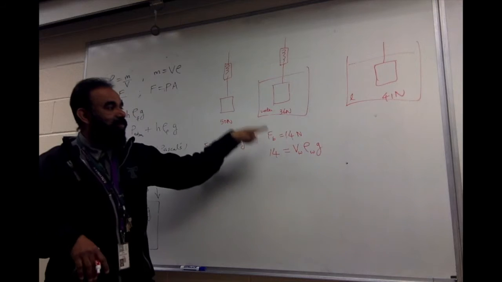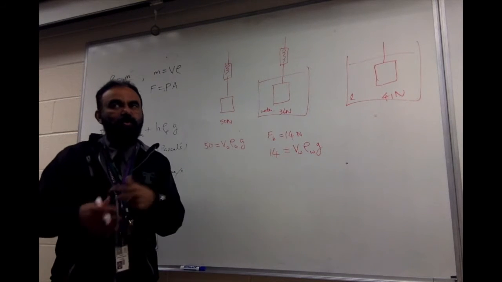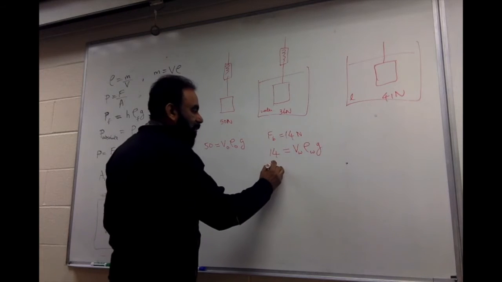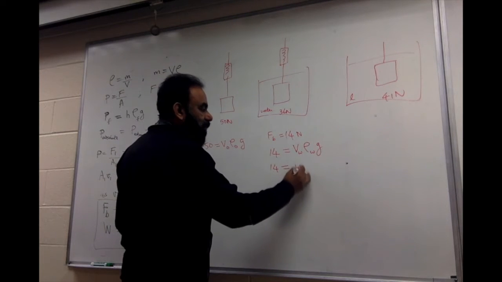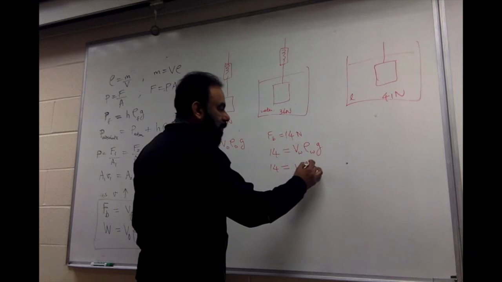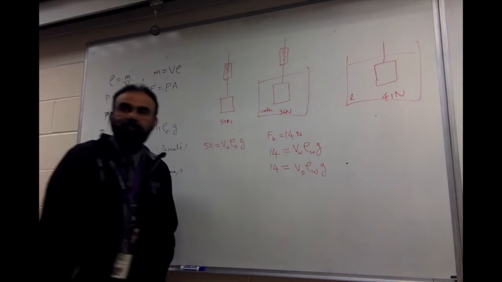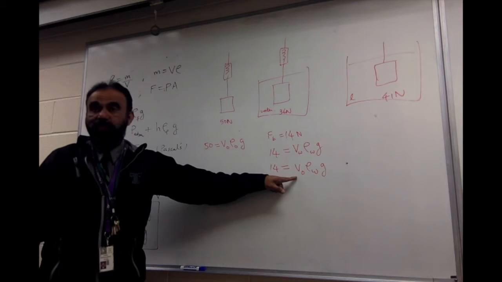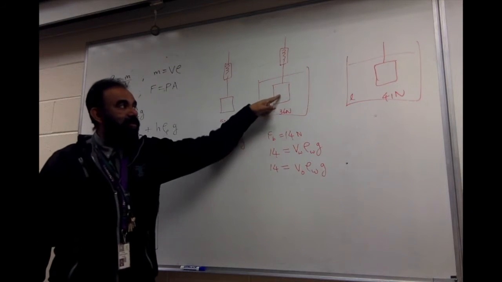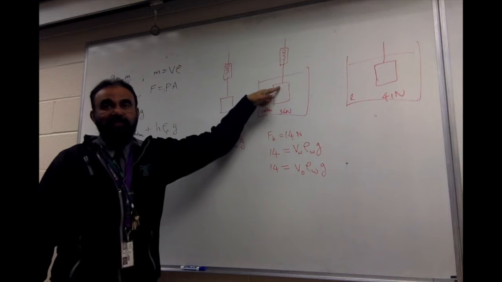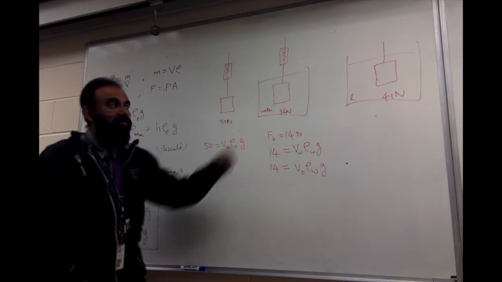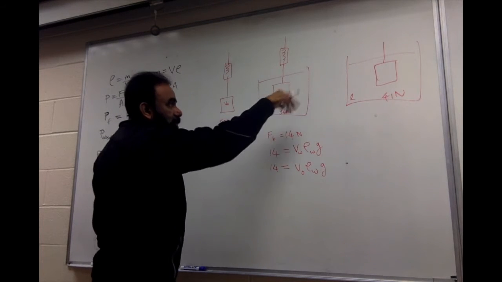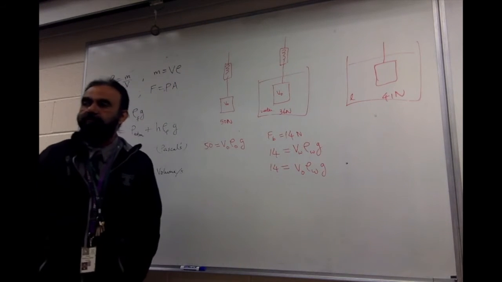When it's fully inside, the volume of the object and the volume of the water pushed out is exactly the same. So therefore, I can write this as 14 equal to VO rho W G. You understand why I switched volume of water to the volume of the object? Because how much water is displaced is exactly the same volume.